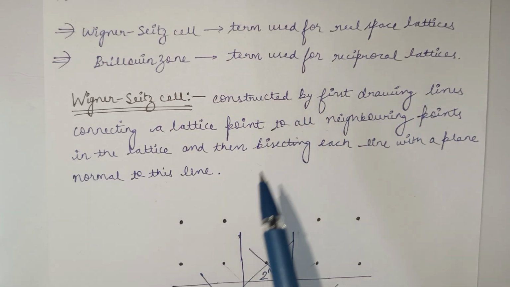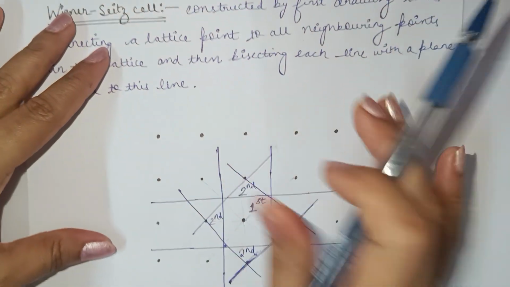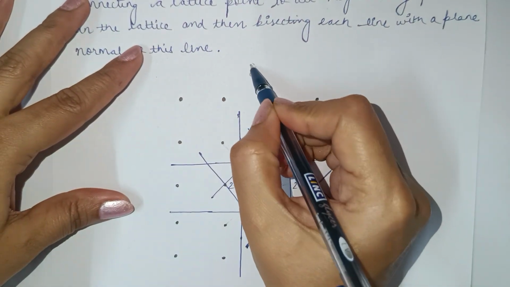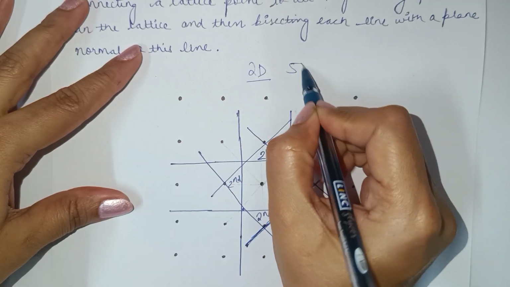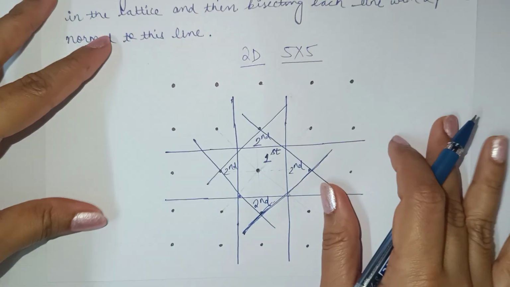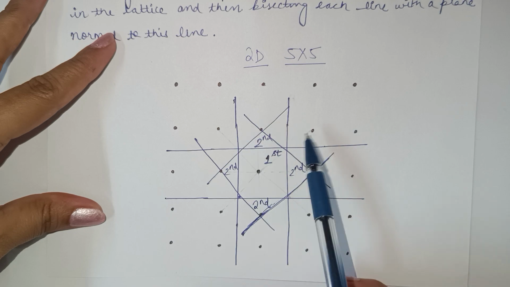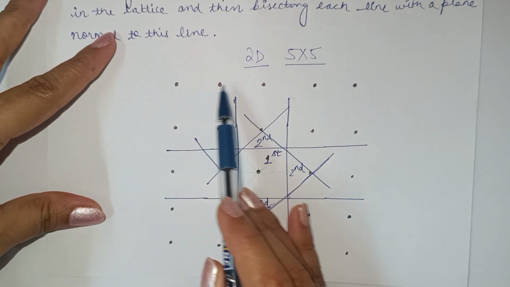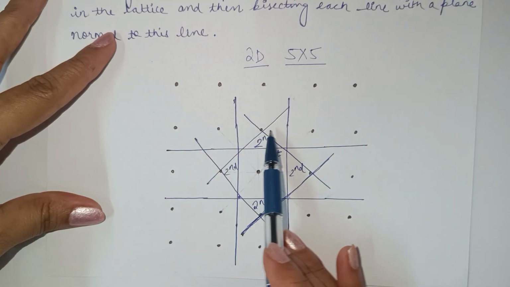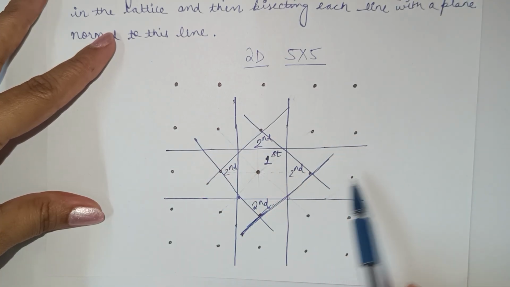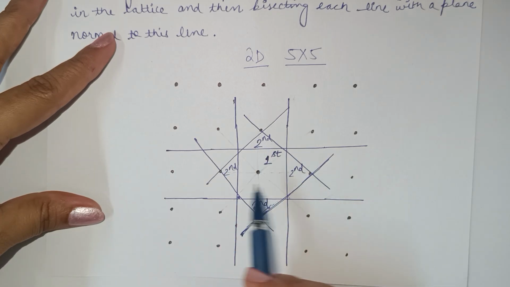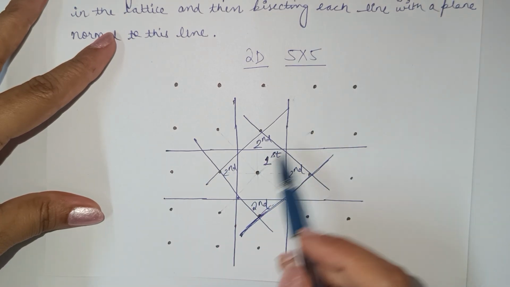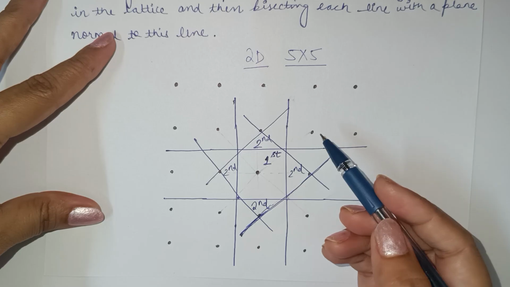For example, I am using 2D. Here you can see a 2D 5 cross 5 lattice. I have taken 5 points here: 1 2 3 4 5, 1 2 3 4 5, 1 2 3 4 5. I'm not talking about 3D right now, it is only 2D because it is easy to understand.